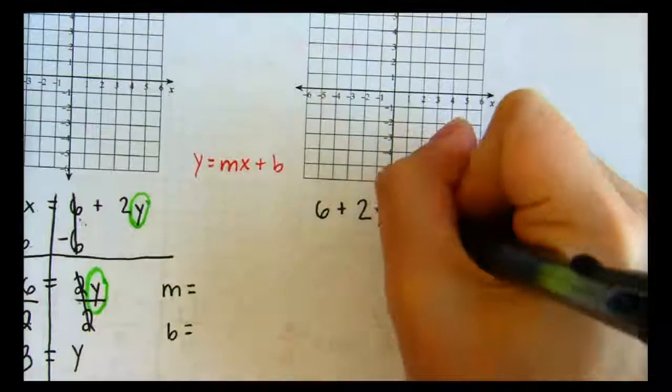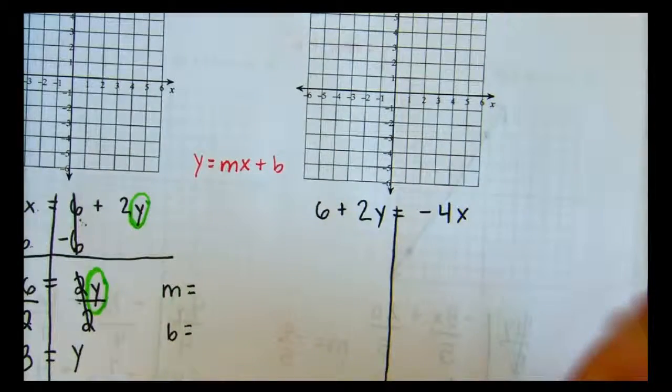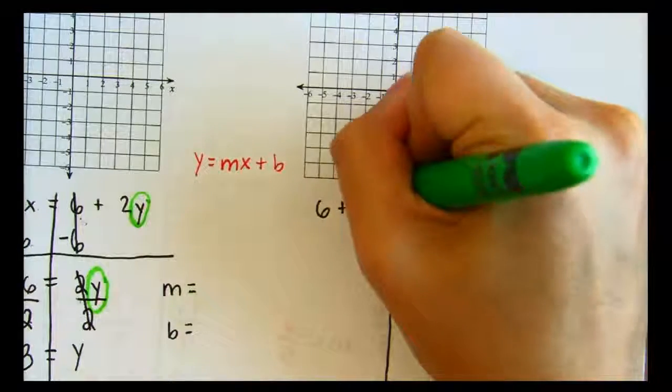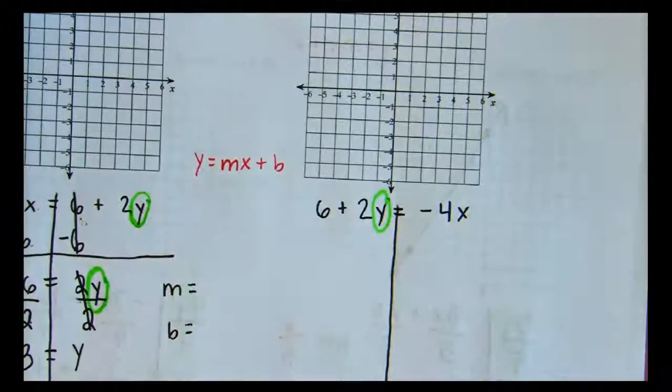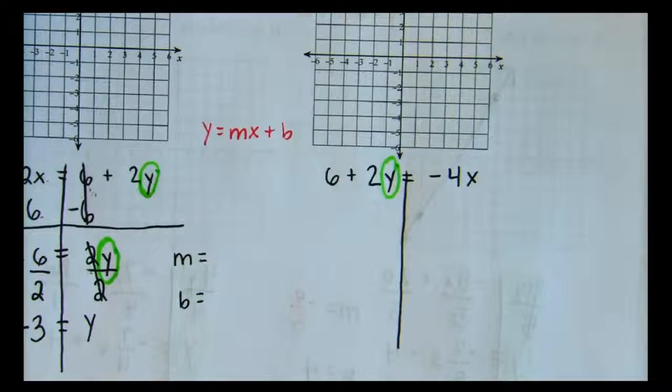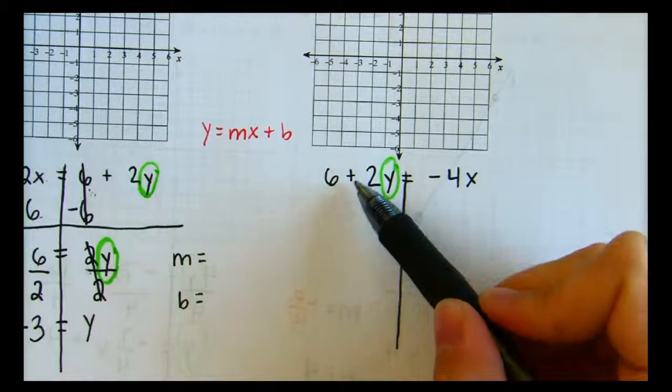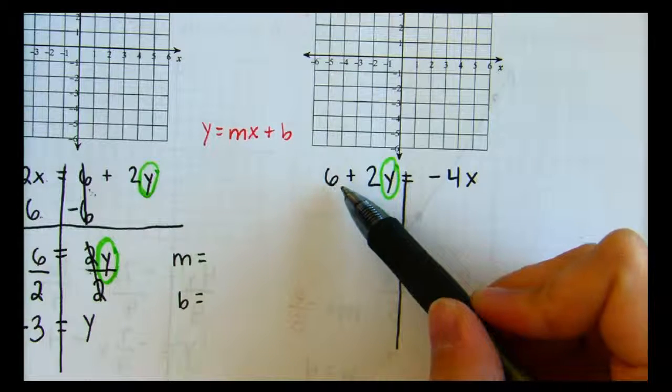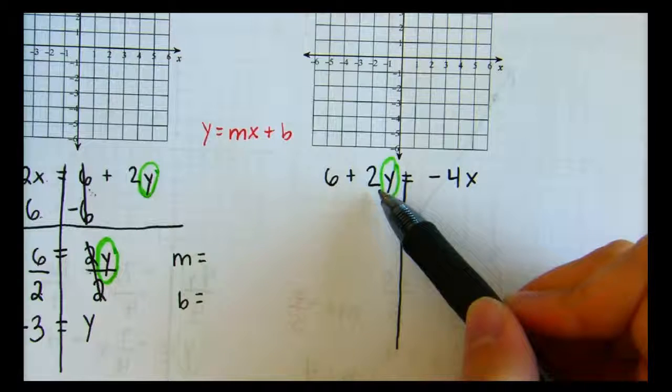I'm going to draw my wall, and I'm going to circle my y value. Okay. What number is being added or subtracted with my y value? Great. There's a plus sign next to the 6, so it is being added to my 2y.